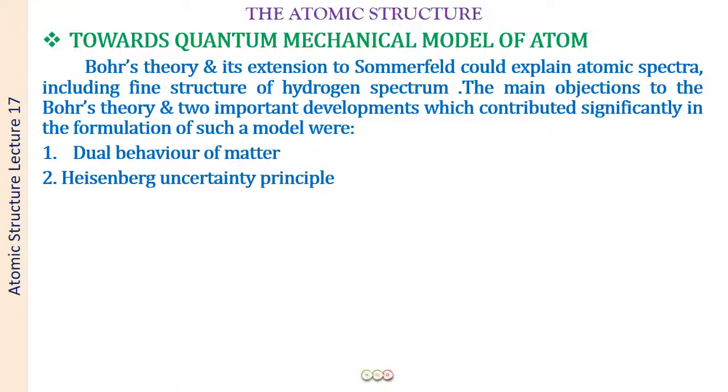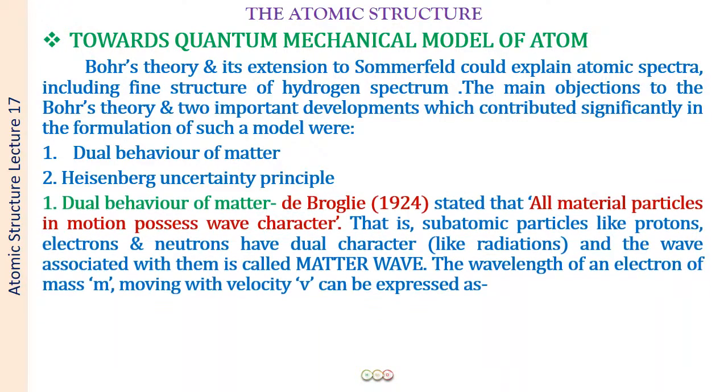So we know that matter has a particle nature, and also the wave nature of the material objects. This was suggested by de Broglie in the year 1924, when he stated that all material particles in motion possess wave character. What he meant by this was that subatomic particles like protons, electrons, neutrons also have a dual character like the radiations.